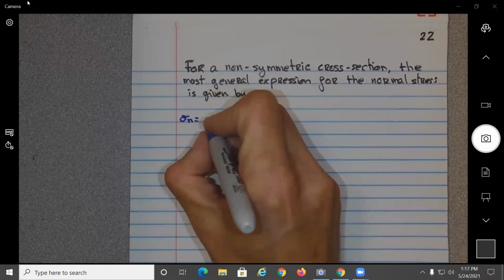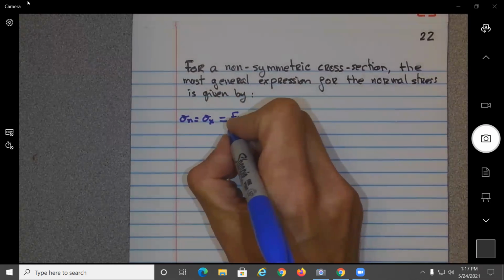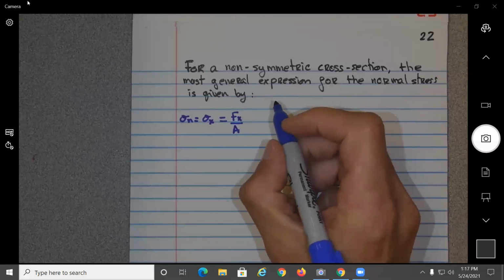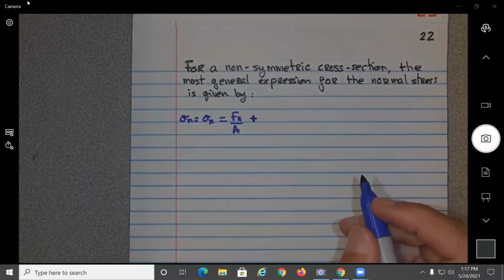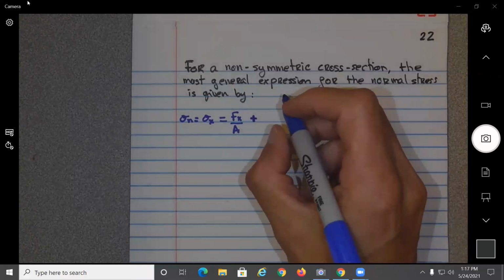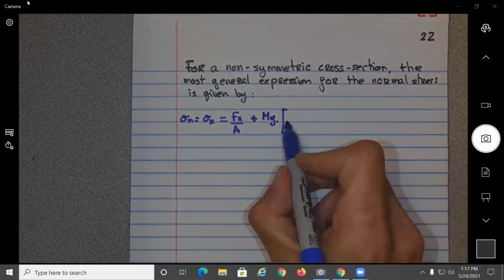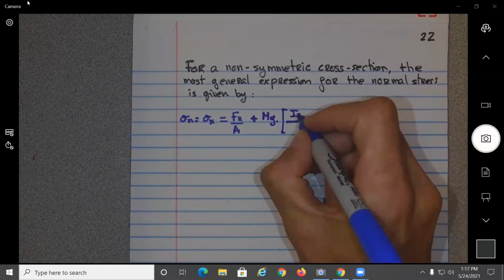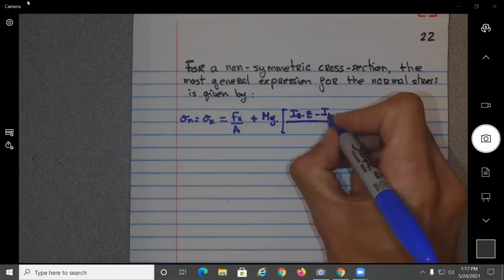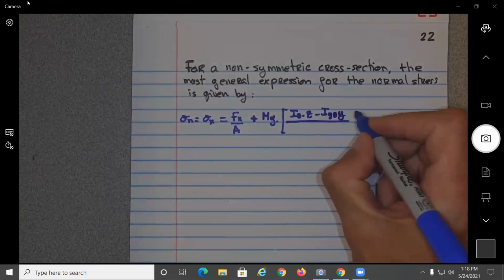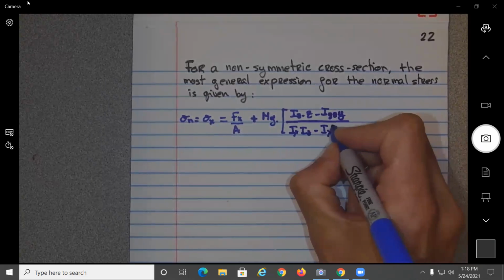So sigma normal equals sigma x will be equal to Fx over A. And now plus a nice long expression: My of Iz times z minus Iyz of y times y, divided by Iy Iz minus Iyz squared.